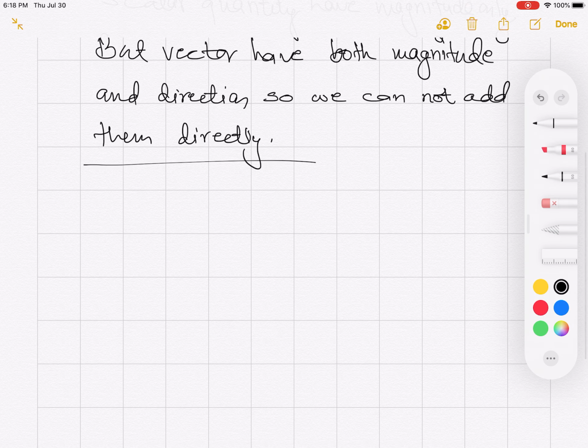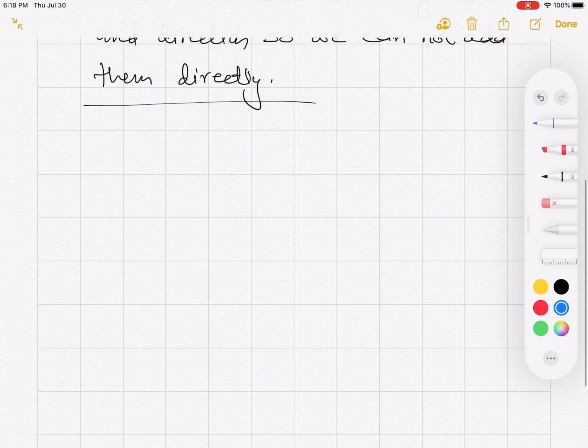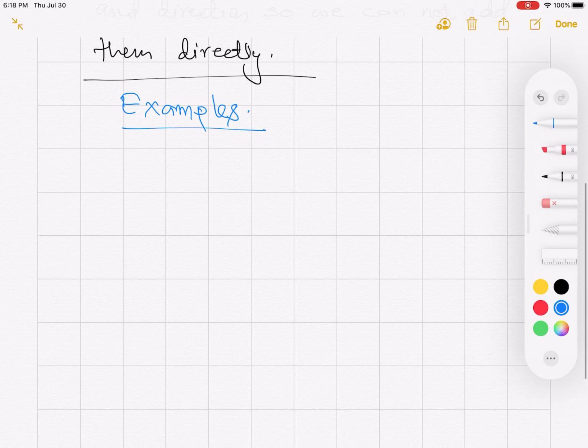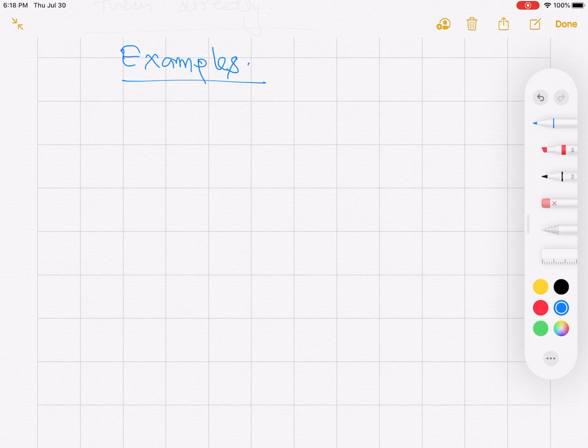Now I'm going to show you how to add two vectors. Suppose I will give some examples of how to add vectors. Suppose I make a simple direction compass: north, south, east, west.